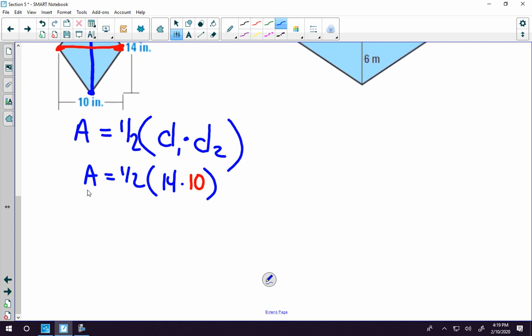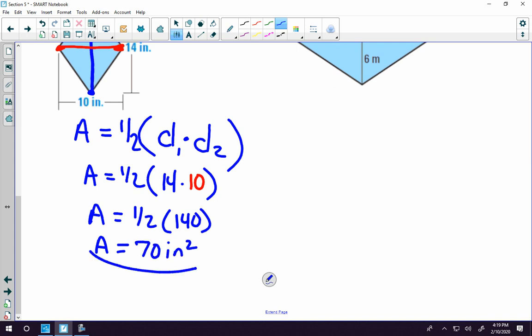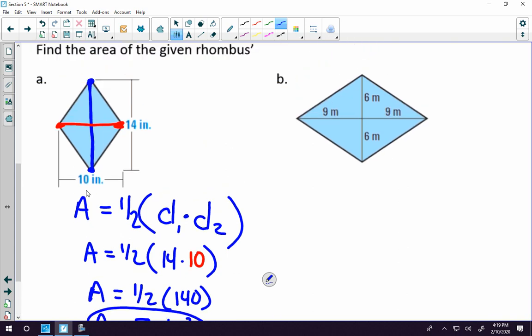Okay, so 14 times 10 is 140. And a half of 140 is 70. So the space inside of this rhombus is 70 square inches. Or if you were making a kite, you need 70 square inches of material to make your kite. Okay, let's go back. Let's take a look at example B.